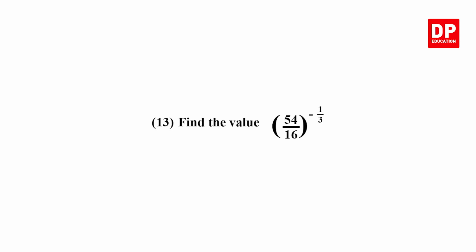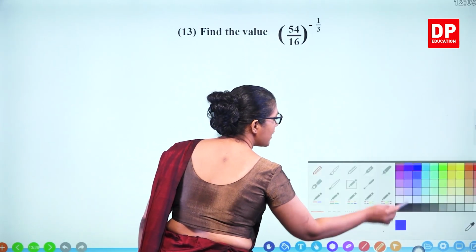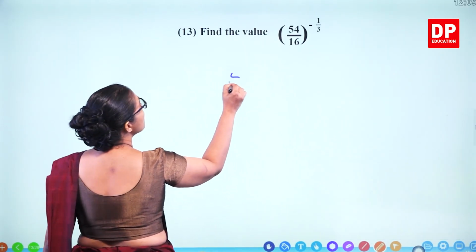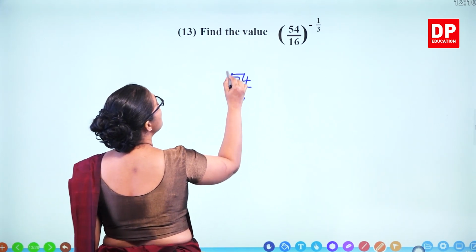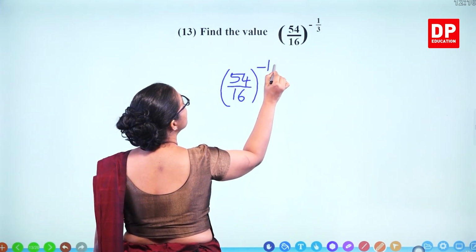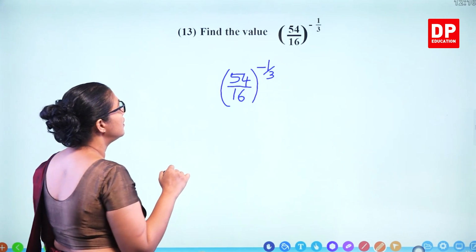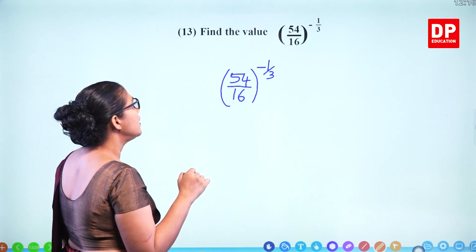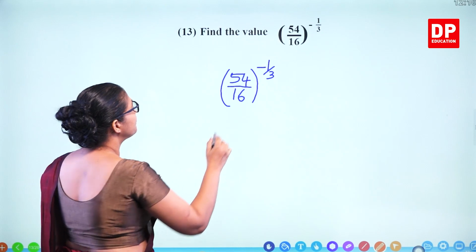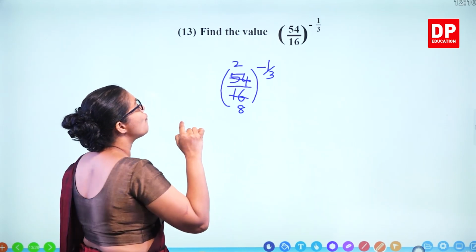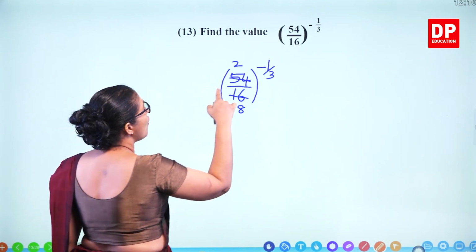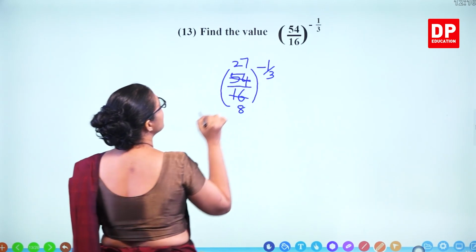Question number 13, find the value of this. So you get 54 over 16 to the power minus 1/3. We can divide by 2. 2 times 8, 2 times 2, 4. And for 14, 2 times 7.